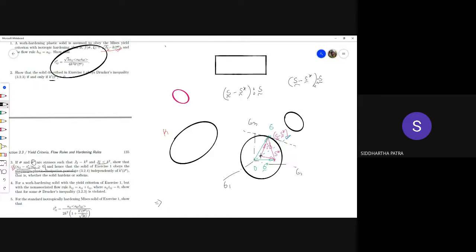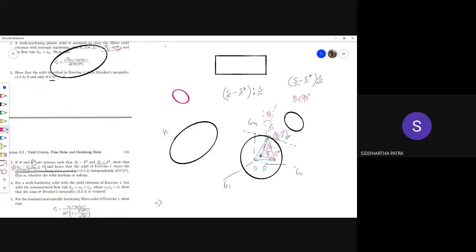Let's say I extend the direction of S like this, and I have a vector which makes an angle, let's say this angle is theta, which is less than 90 degrees.